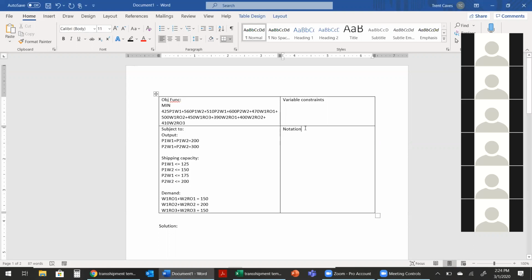So our notation: P is plants, W is warehouse, RO is retail outlets.